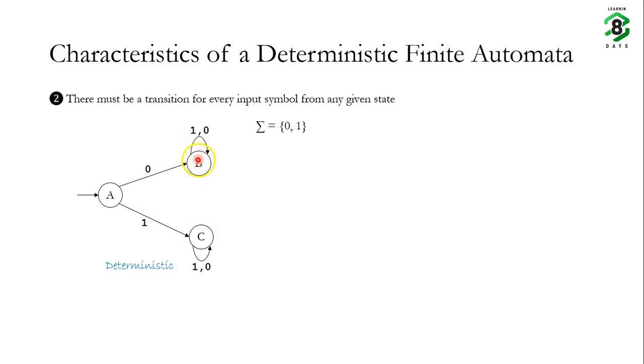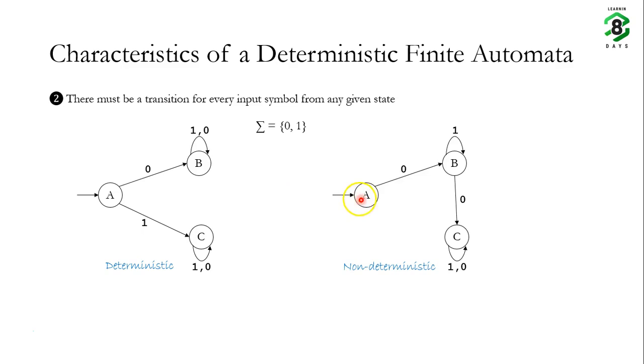If in state B I give an input of 1, it remains in state B. If I give input 0, the machine still remains in state B. So whether we give 1 or 0, the machine will remain in state B. Similarly for state C. So this machine is a deterministic machine because there is a transition for every input symbol for any given state.